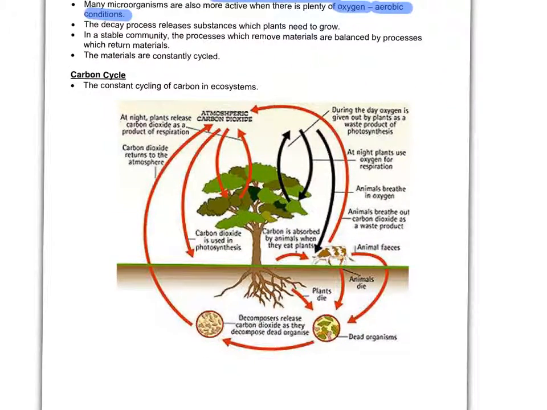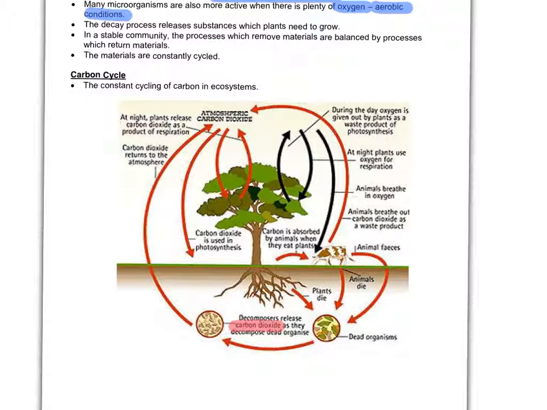The decay process makes up just one part of the carbon cycle, which is the constant cycling of carbon or carbon dioxide in an ecosystem. The carbon cycle highlights where carbon dioxide is released and where carbon dioxide is absorbed. Carbon dioxide is released through decomposing dead organisms.